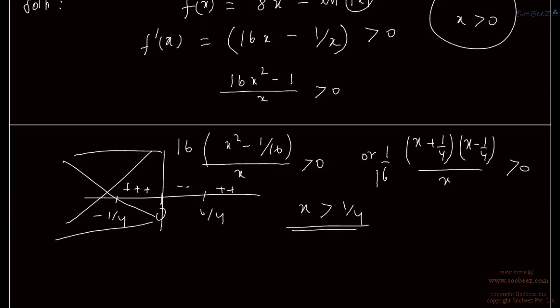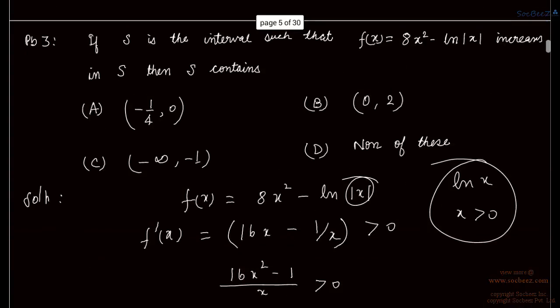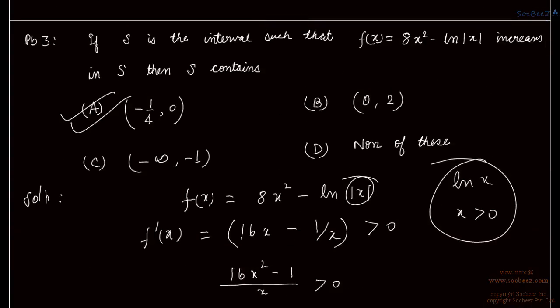So if we consider the negative part, 0, 1 by 4, minus 1 by 4, so this is plus, this is minus, this is plus, this is minus. So from minus 1 by 4 to 0, in this interval, we have the function f x to be increasing. So option A is correct, right?